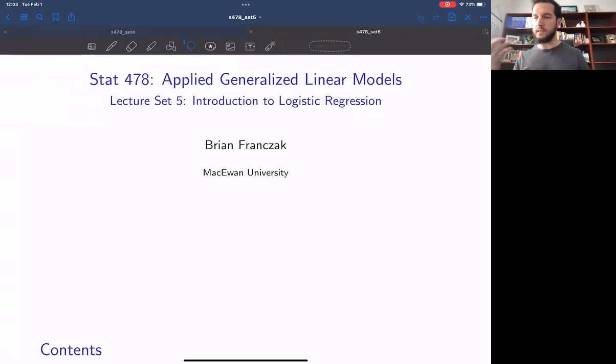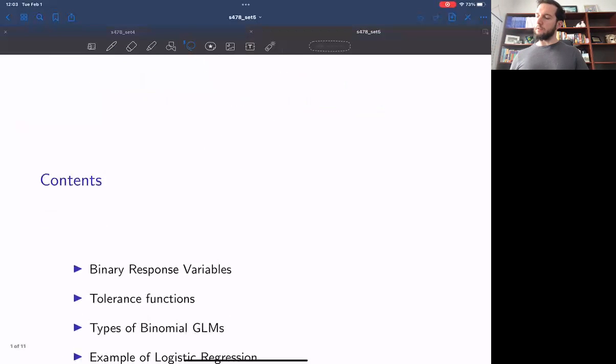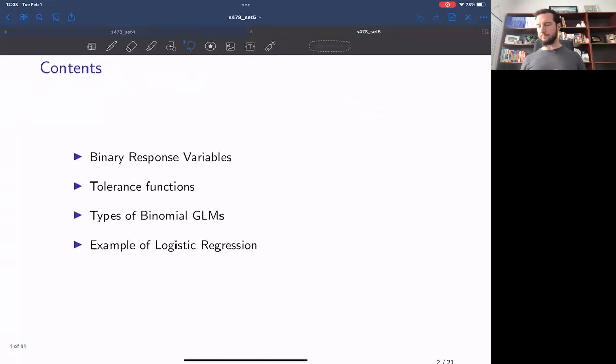We'll talk about ideas like overdispersion, what that means, and why that could be an issue. We'll also look at model fitting and formulation and all of the different components that we've built up theoretically to date. All right, so lecture set number 5 is focused on the logistic regression model. We're going to develop the binomial GLM, and then talk about the structures of different types of binomial GLMs.